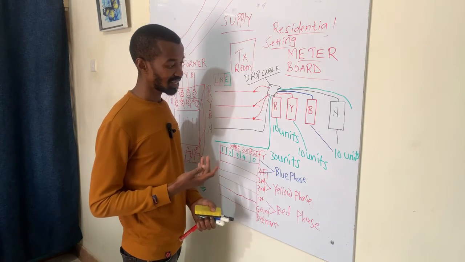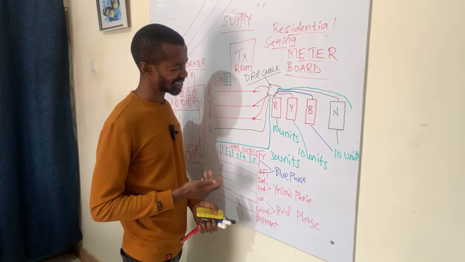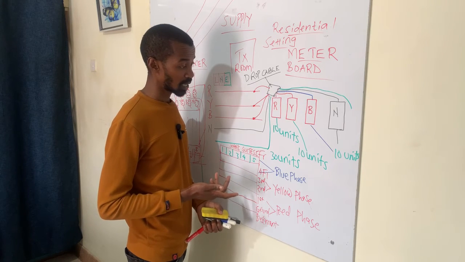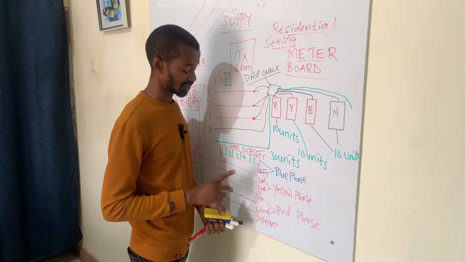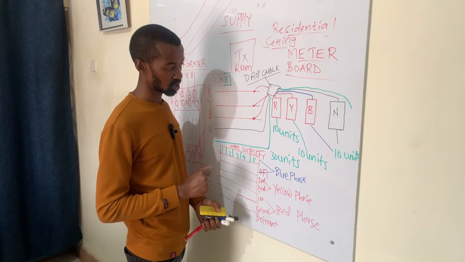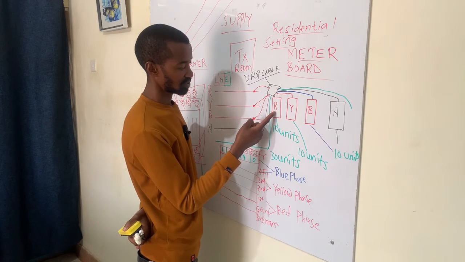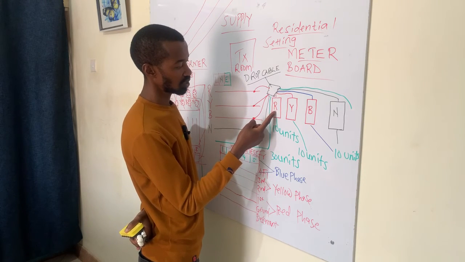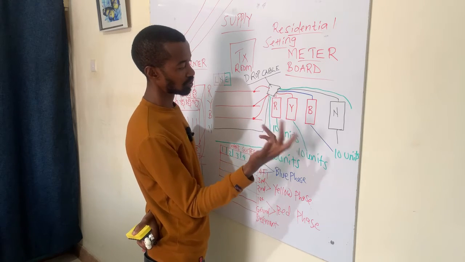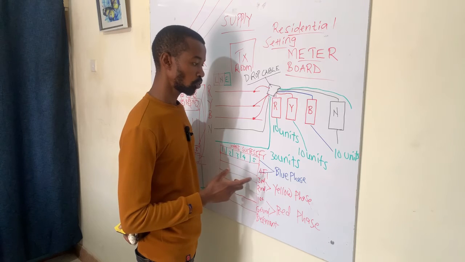So again, the electrician can decide where to take this connection from. You can decide to balance, especially when it comes to the security lights. There are times whereby the red phase is missing, or the yellow phase is missing, or the blue phase, or two of the phases are missing. So what do you do?